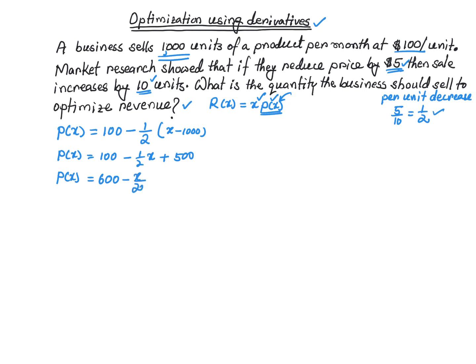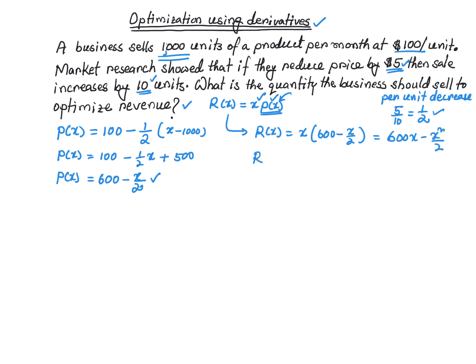Now, what is the revenue? Revenue is x times P of x. So I'm going to take this revenue function, R of x is equal to x times P of x. My P of x is this, so it's going to be 600 minus x over 2. That is going to be 600x minus x squared over 2.